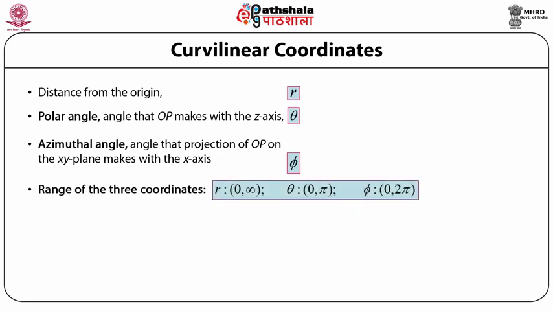The range of these three coordinates is: r varies from 0 to infinity, theta takes values from 0 to pi, and phi can take values from 0 to 2 pi.